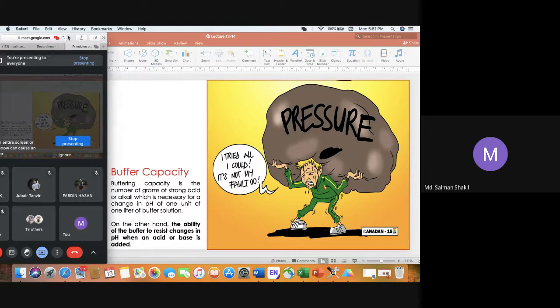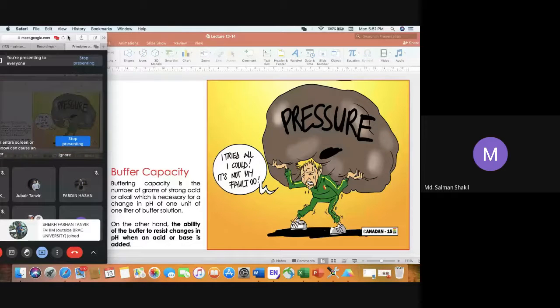Buffer capacity is the ability of a buffer to resist the pH change. Okay, that means if you add like a small amount of acid, the pH will be like fairly same. Okay, if we add a small amount of base, the pH will be fairly same. Okay, is it clear? Yes, sir.